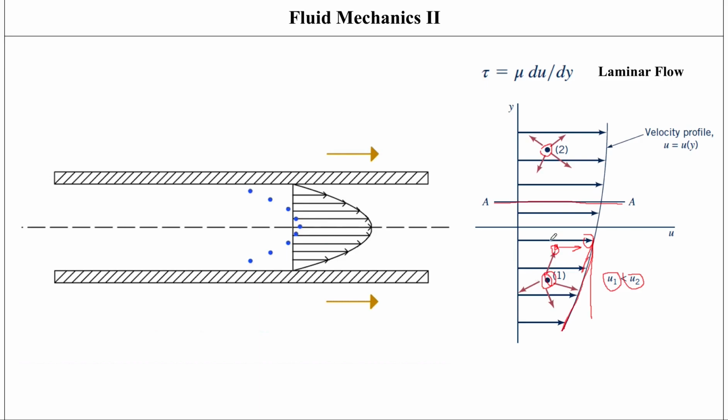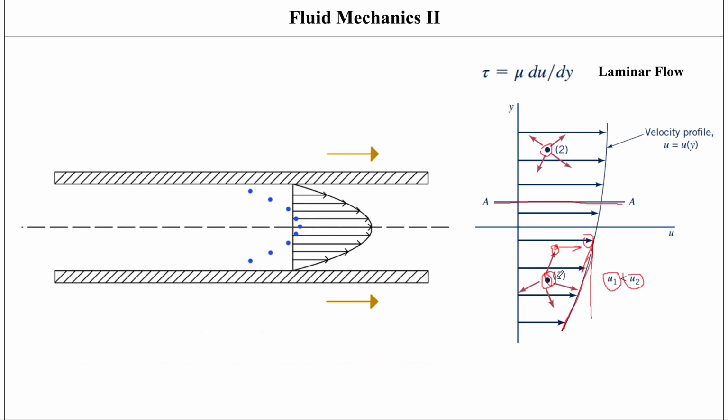So by combining this effect, as a whole, on a macroscopic level, we imagine that these fluid particles are flowing smoothly along in layers. But on a microscopic level, we know that these molecules are moving about randomly.